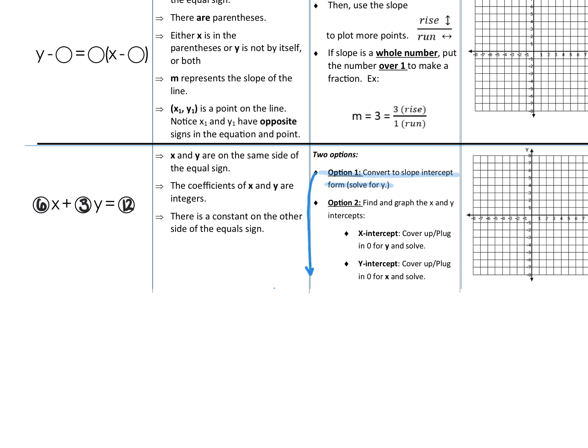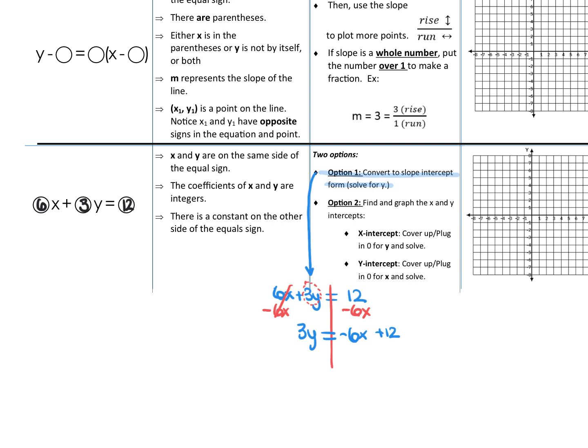So my equation says 6x plus 3y equals 12. I'm going to draw my line and put my force field around my 3y. If I want to get the 3y by himself, the 6x needs to move, and it's positive, so to move it, you need to make it negative, minus 6x, minus 6x. 3y equals, remember we always write x stuff first, negative 6x, and that 12 is positive, so plus 12.